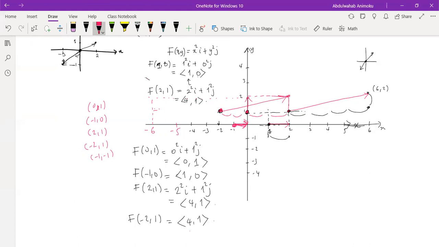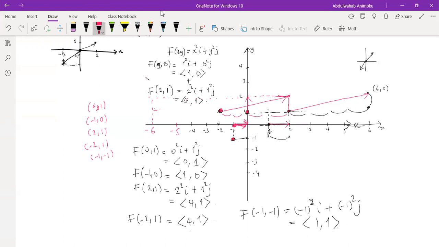And finally, F at minus 1, minus 1. What would this be? Minus 1 square I plus minus 1 square J. So this would give us 1, 1. So this is when X is minus 1 and Y is minus 1. So you are here, at this point.